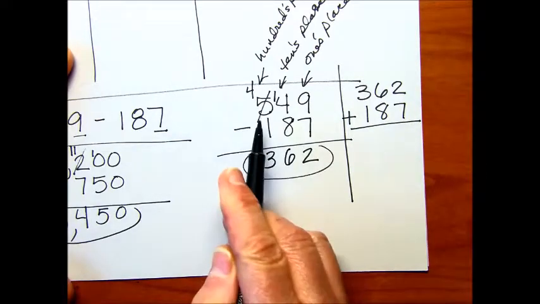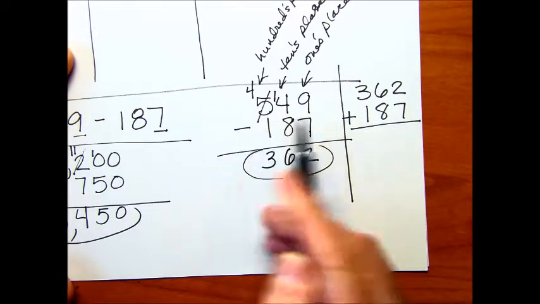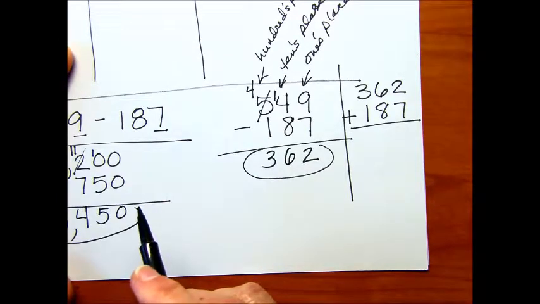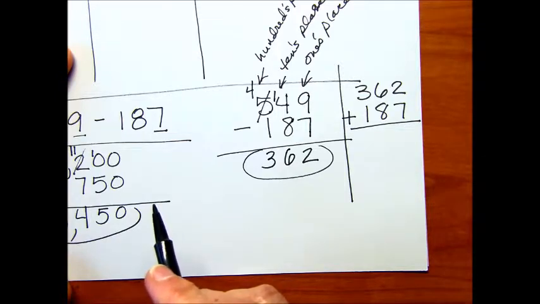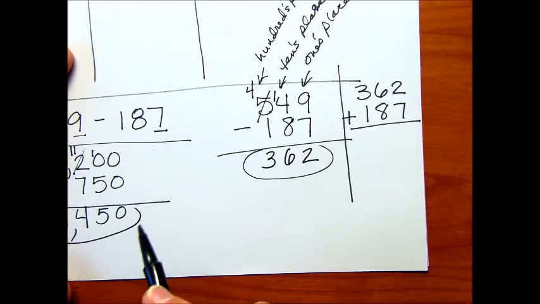I should get 549. And the reason for that is because subtraction is an inverse or opposite operation of addition, as addition is an inverse or opposite operation of subtraction.